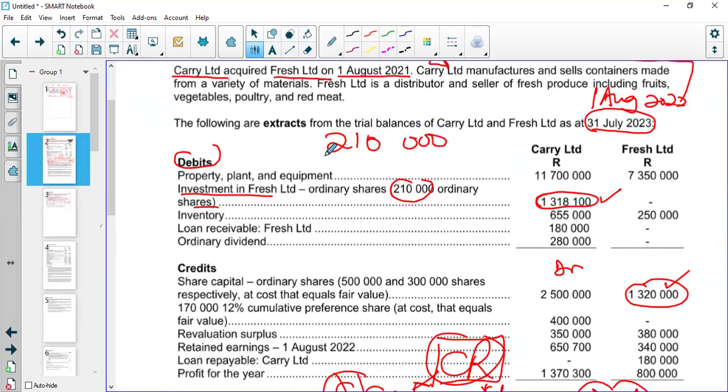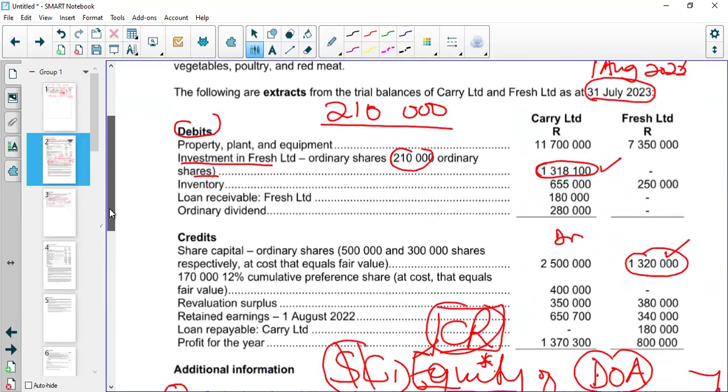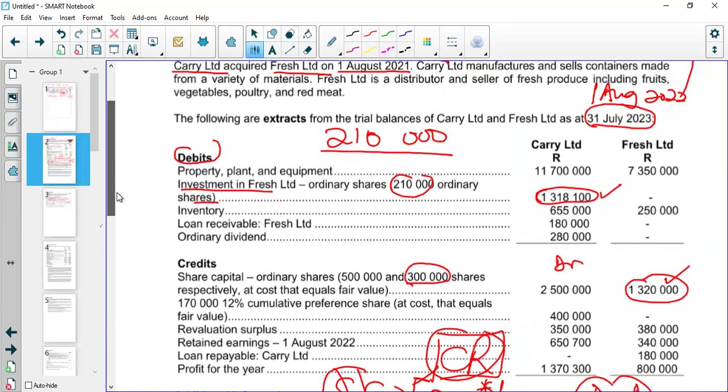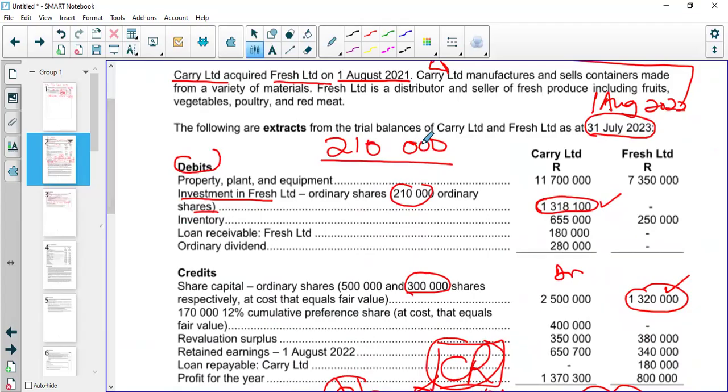And then the number of shares issued by the subsidiary is 300,000 shares. Right? This is issued by the subsidiary. So we acquired 210, or rather the parent acquired 210,000 shares out of 300,000 shares. So 21 out of 30, that's more like 70%.